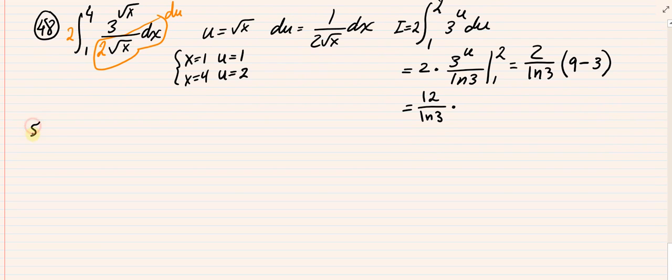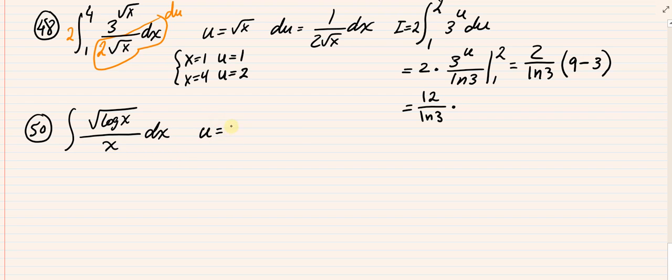And let's take a look at number 50. In number 50, the question again asks us to integrate the square root of log x, the whole thing divided by just x, dx. So for this one, I'm going to let u be log x.